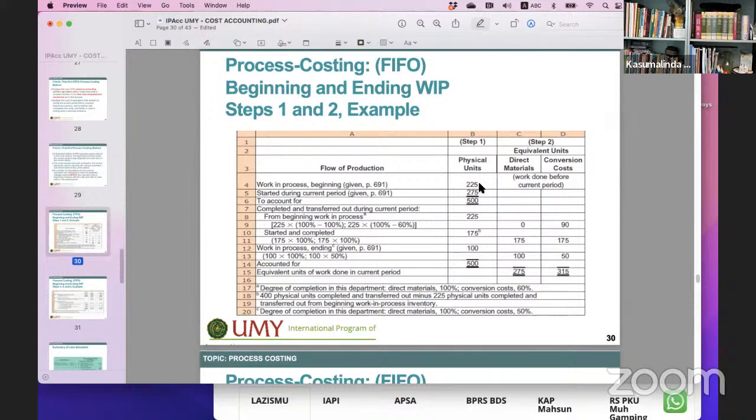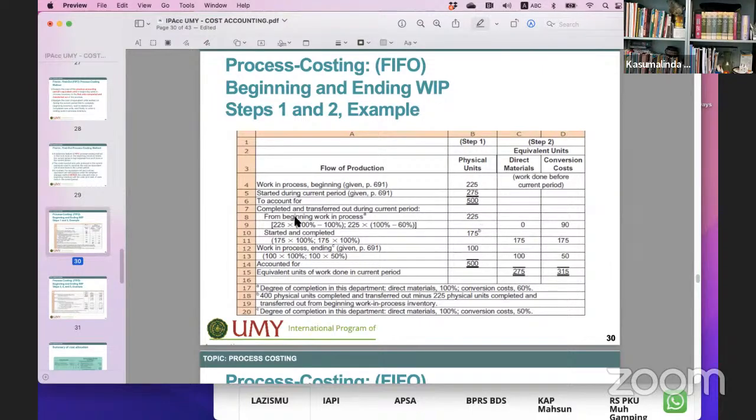So which units came in first? Of course, from the beginning work in process, the 225. So this unit will be completed first, because of the concept of first in, first out.